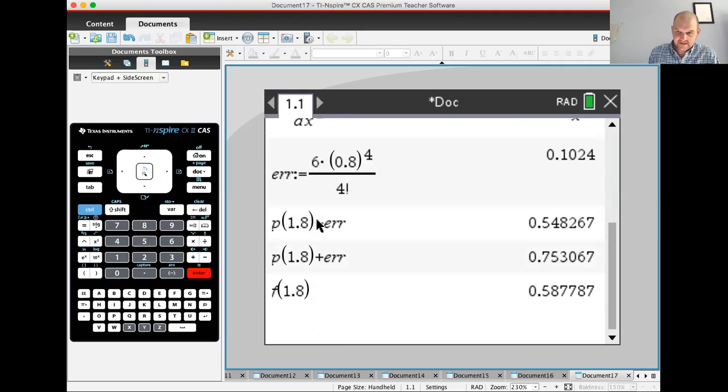So I'm going to write these down while I'm here. 0.548 less than or equal to F of 1.8 less than or equal to 0.753. And then F of 1.8 is the natural log of 1.8. So natural log of 1.8 is definitely approximately 0.588, let's say, which puts it definitely in the range. So it worked.